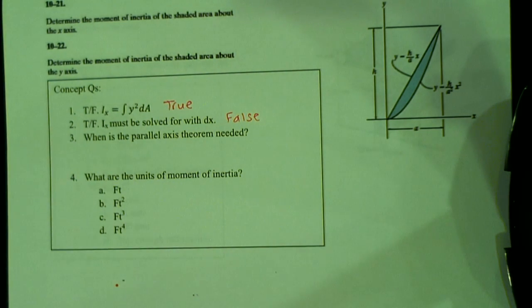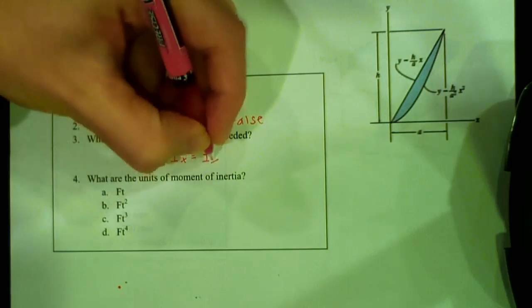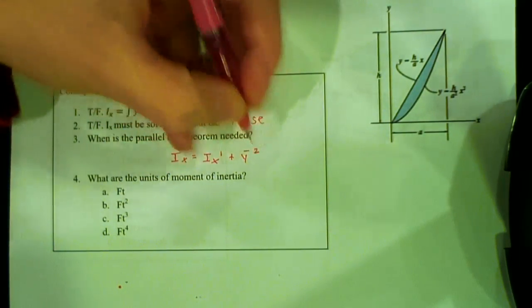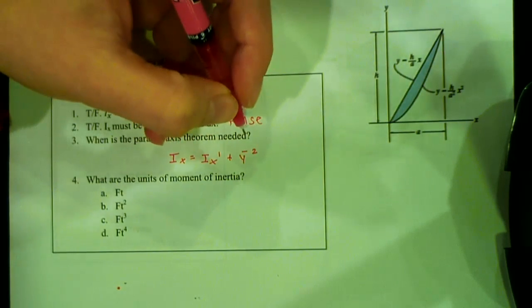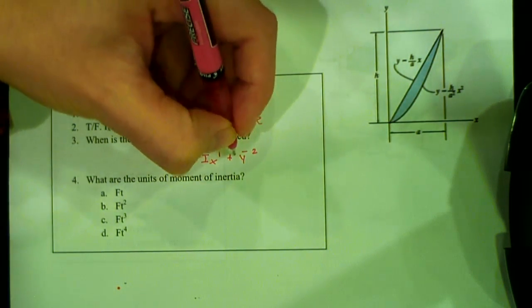How about this question? What is the equation for parallel axis theorem that you guys know of? Ix equals Ix prime plus y bar squared. No, it's supposed to be area times. Okay, there you go.